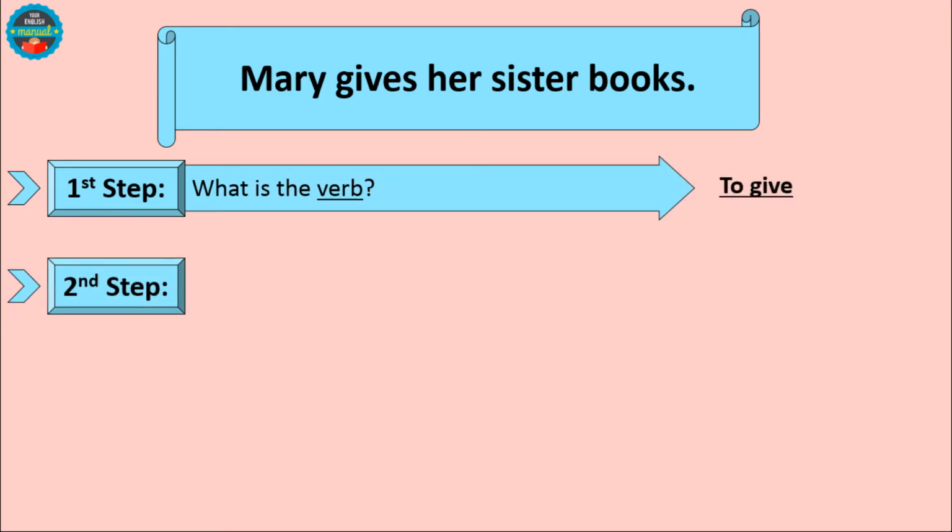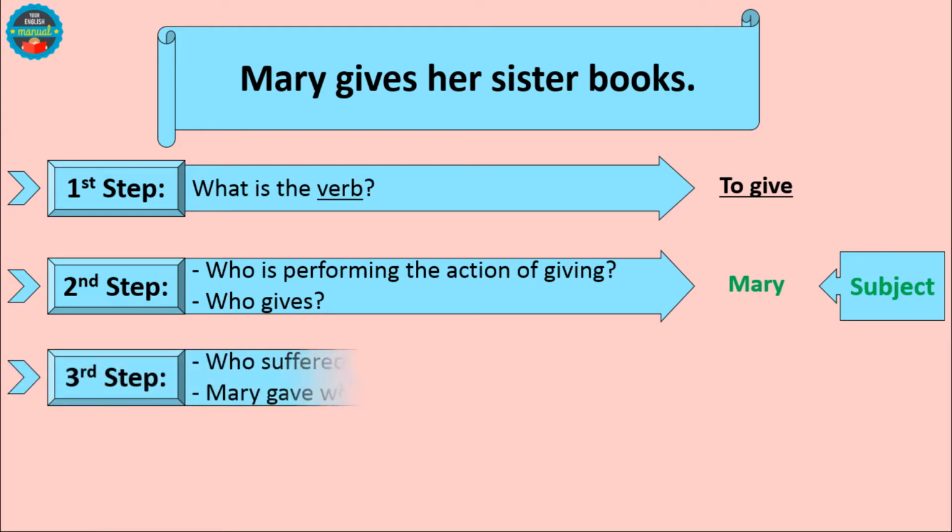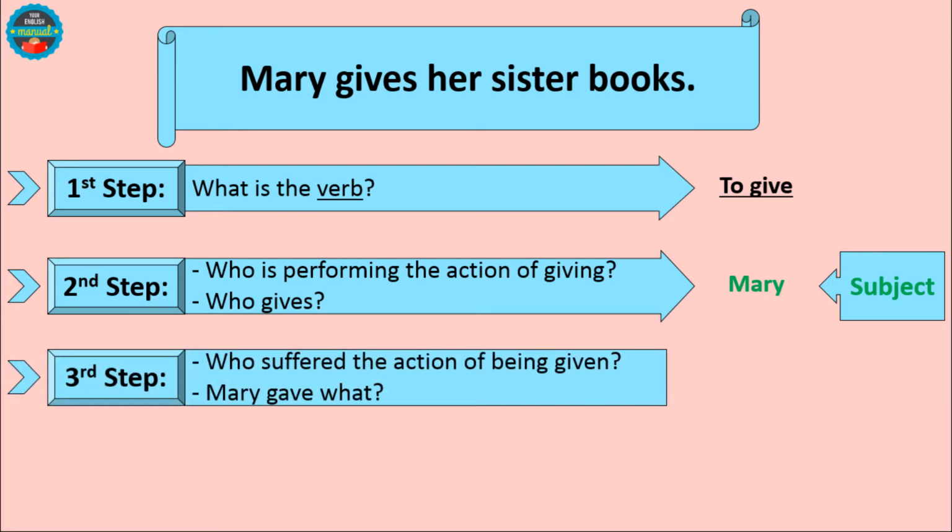Second step, who is performing the action of giving, or who gives? Answer, Mary. So, Mary is the subject of this sentence. Third step, who suffered the action of being given, or Mary gave what? Answer, books. So, books is the direct object of this sentence.